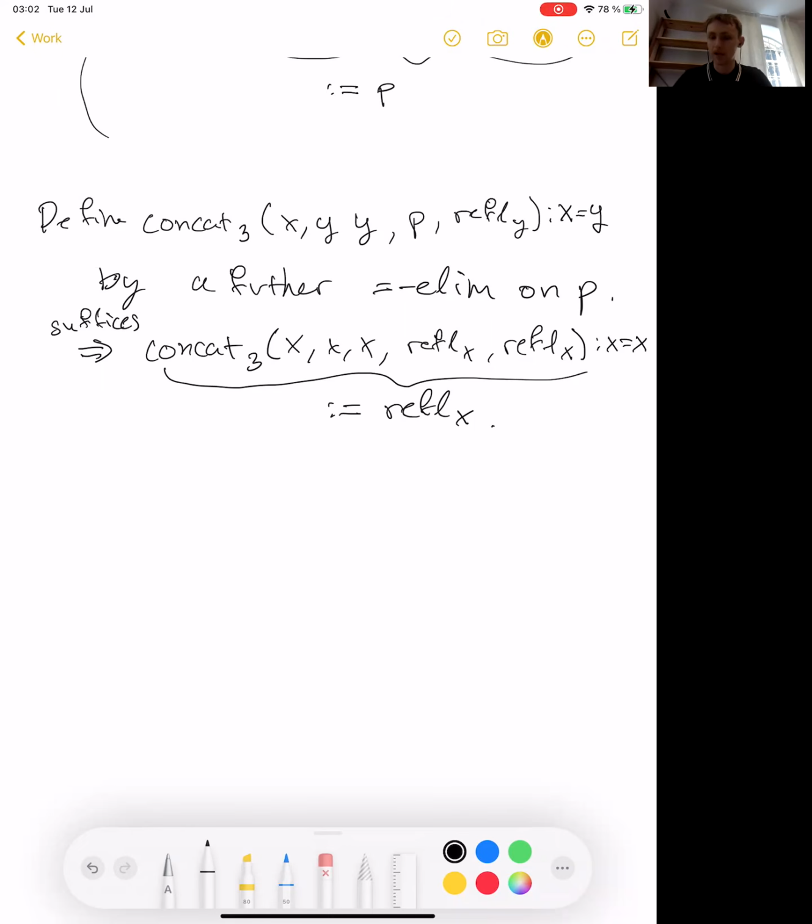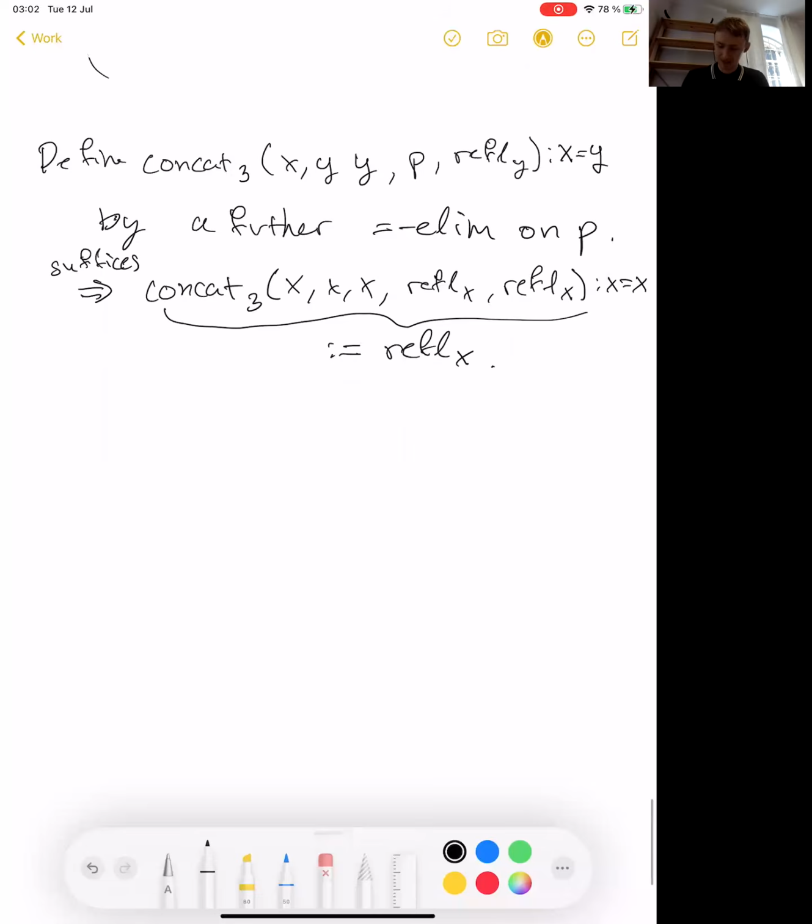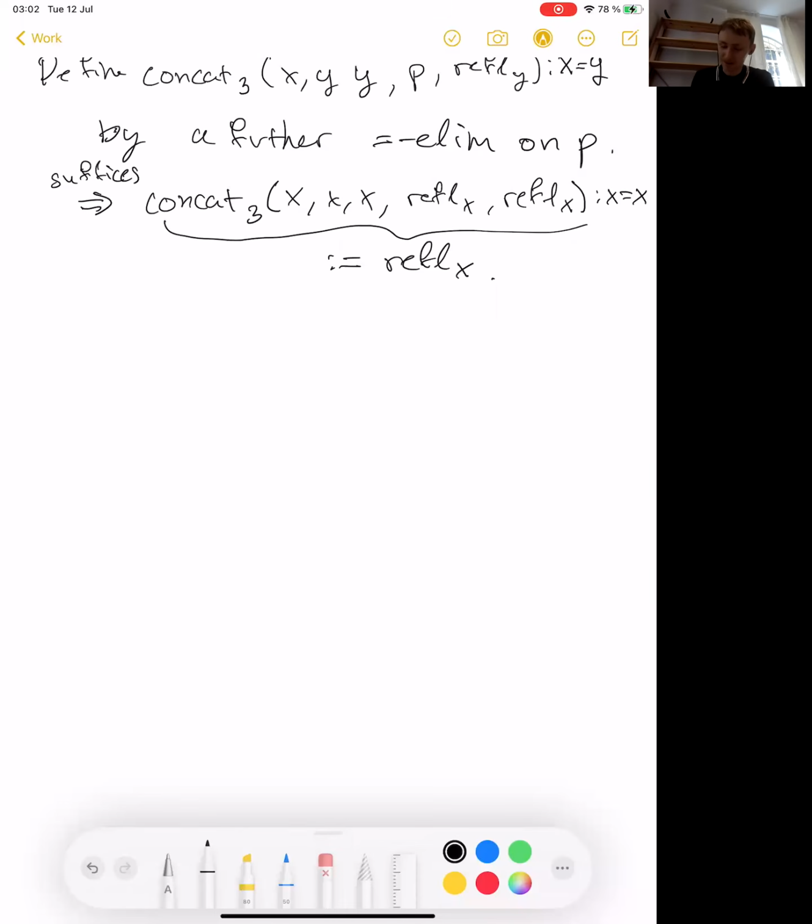That's really where the magic happens. So in practice, they will be pretty much the same. They will be equally unusable. I mean, of course, they're usable, but annoying to work with. The computation rule only governs the refl case anyway, so it doesn't really matter which order we do it in for concat 3.